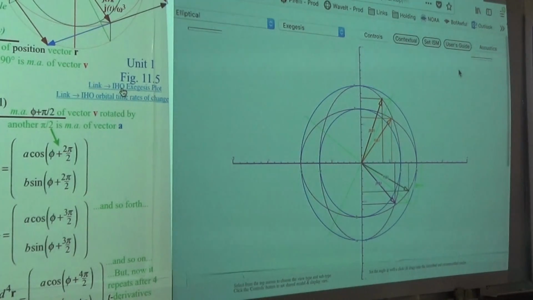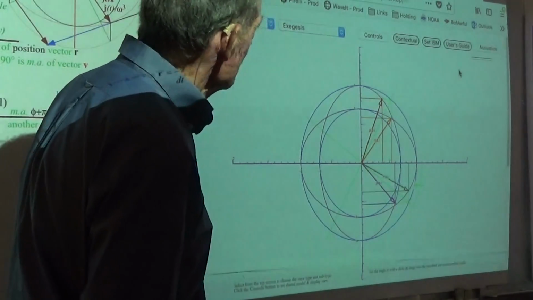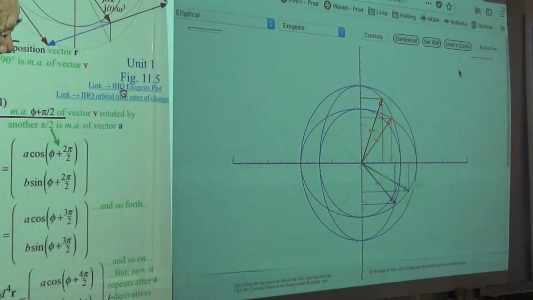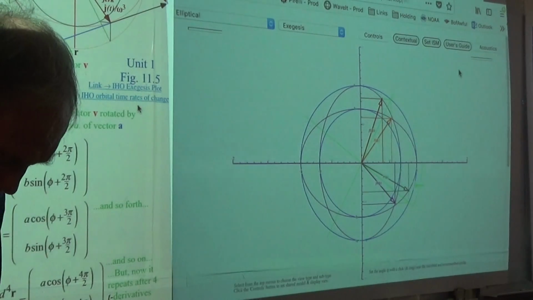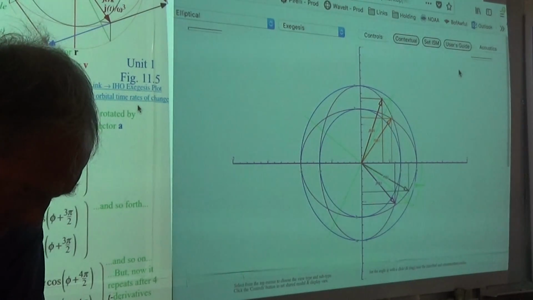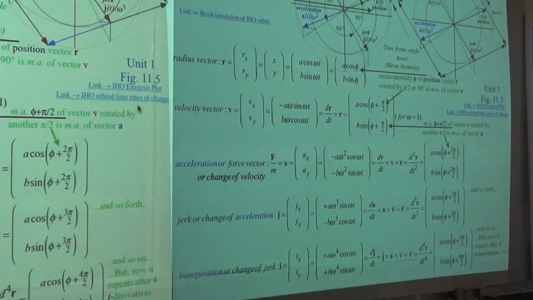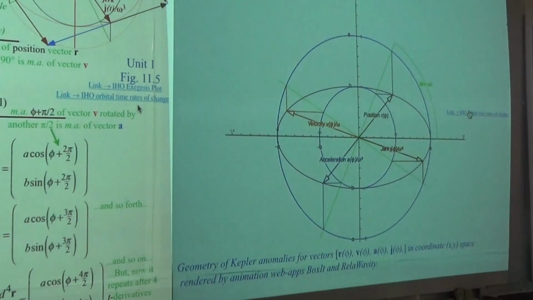Let's see if I've got that. I think that's right. Now this is something else. I'm realizing this is something we haven't really talked about yet. I apologize for that. Let me back out of that. The thing that I really need is, let's see if this one is, yeah, this is better.